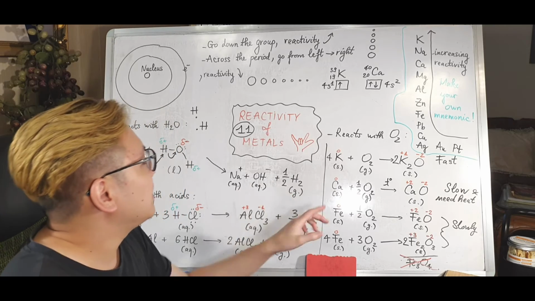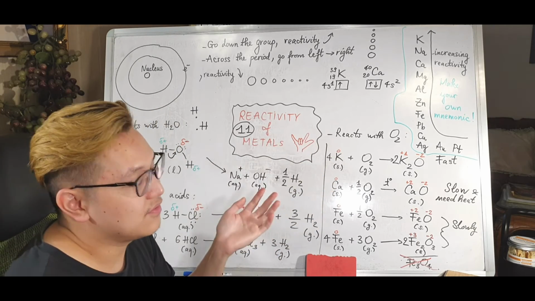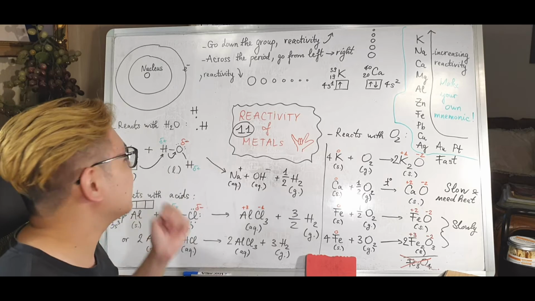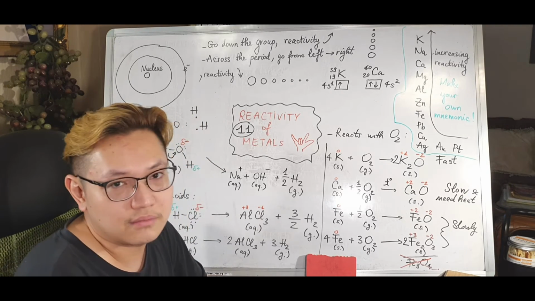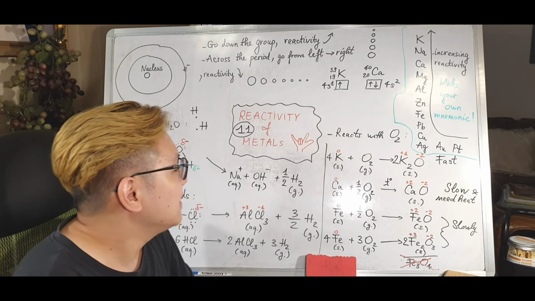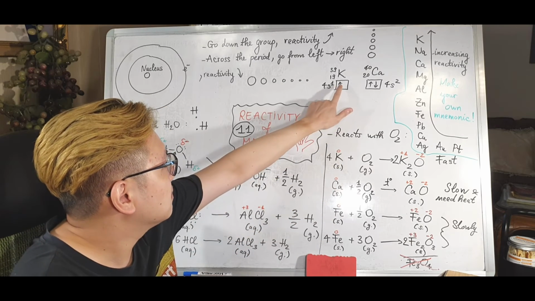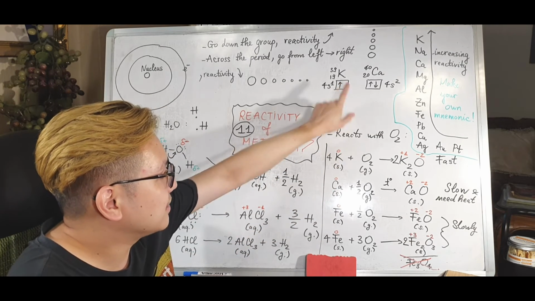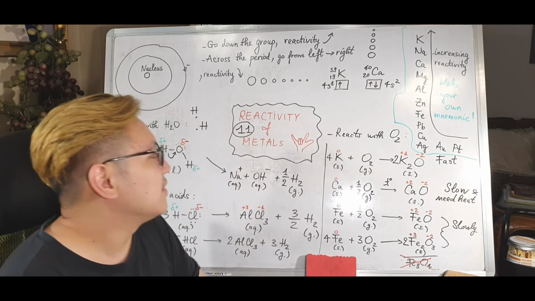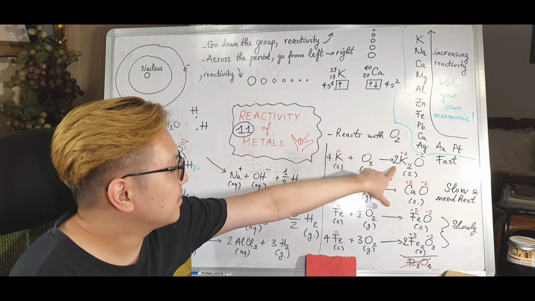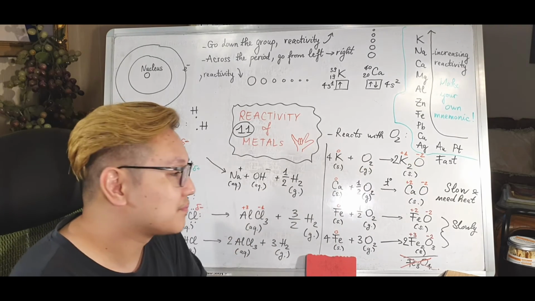Because why? We know already that potassium is very reactive with water, right? As I told you before. So now it reacts very, very strongly with oxygen as well, giving up its outermost electrons very well to the oxygen. And it forms oxides called potassium oxides.